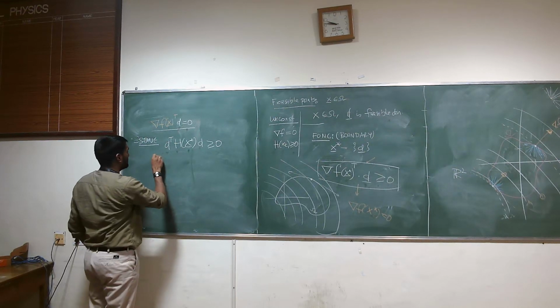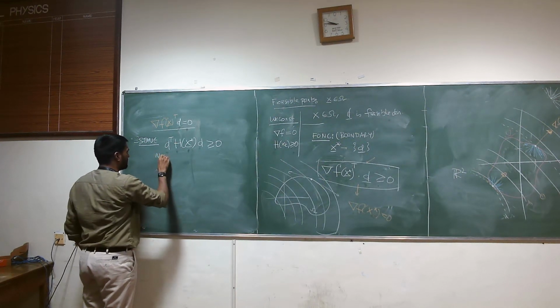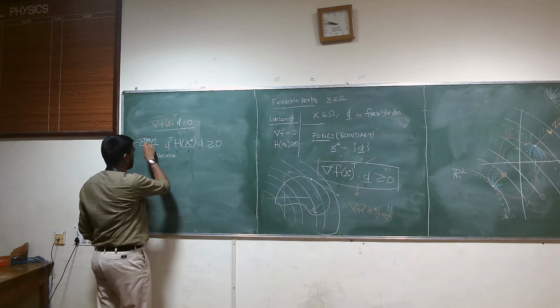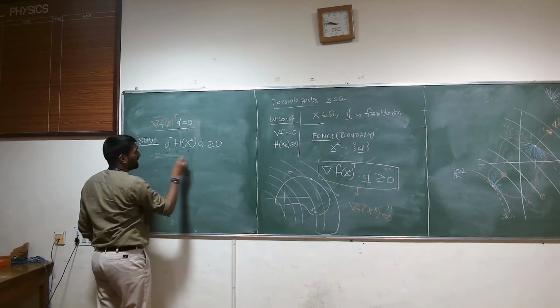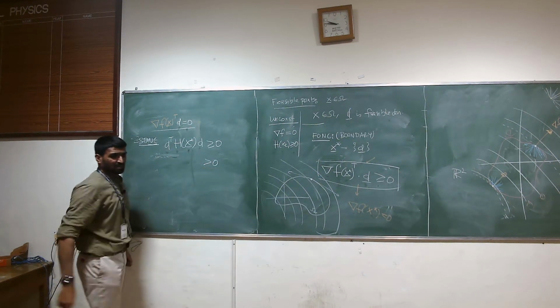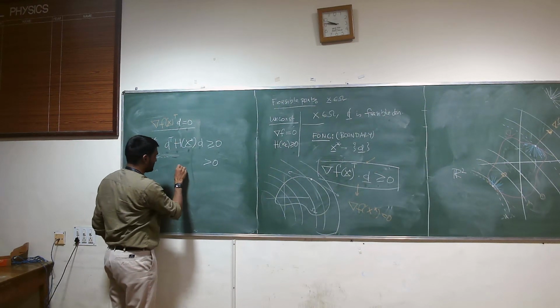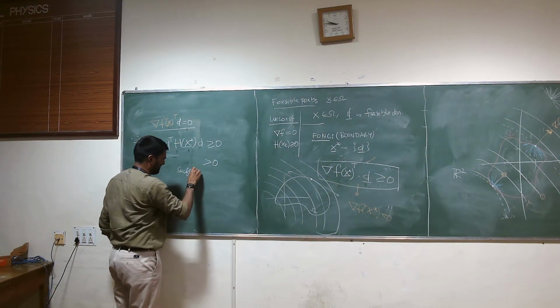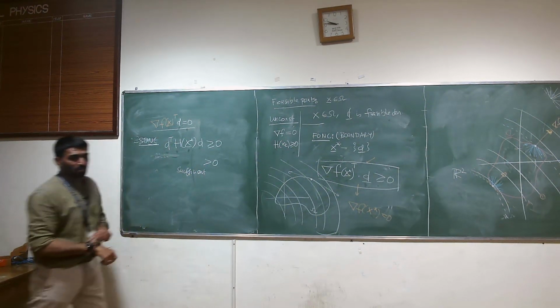Then this is a necessary condition. That's what I've written. This is necessary, but if it's strictly greater than 0, then for sure this is sufficient. This point is a minimum.